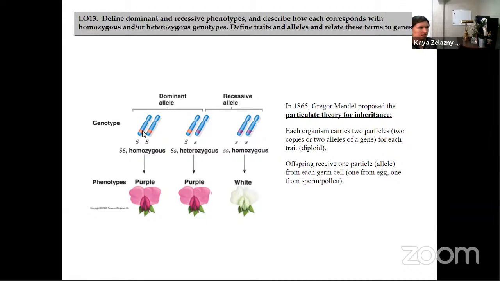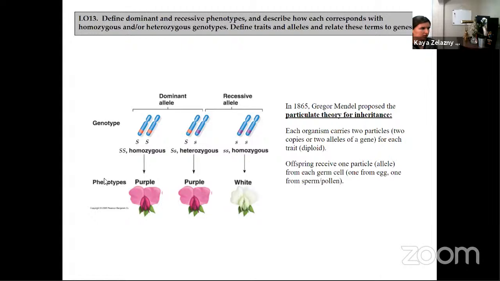So we have these genes and we have two copies that may have different versions, or different alleles. When these traits get expressed in living organisms, we have a set of rules that tells us what trait we will actually see.